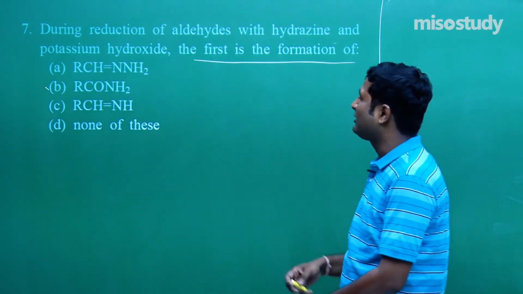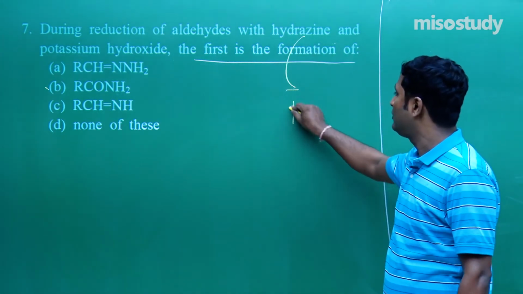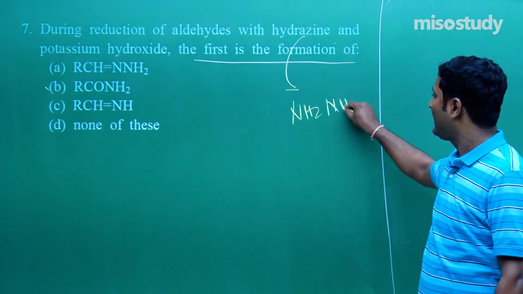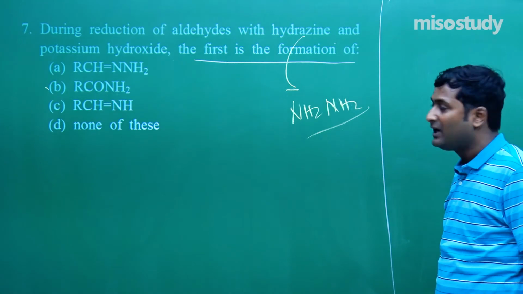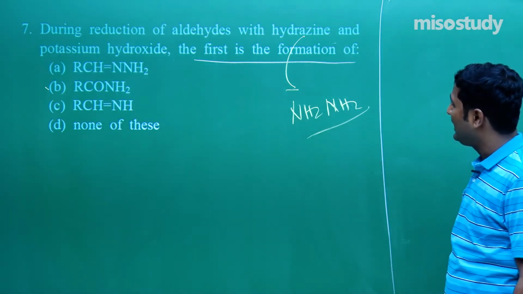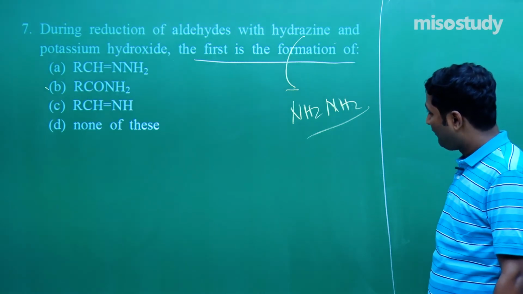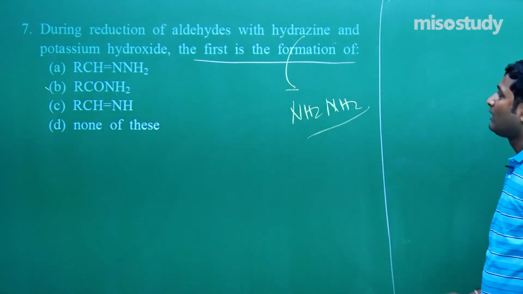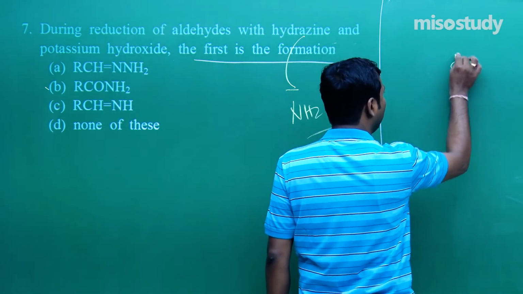During the reduction of aldehyde with hydrazine, what is hydrazine? We know this is NH2 NH2. This one is hydrazine. According to the question, during reduction of aldehyde with hydrazine and potassium hydroxide, the first is the formation of. Write down the aldehyde first. What is aldehyde?